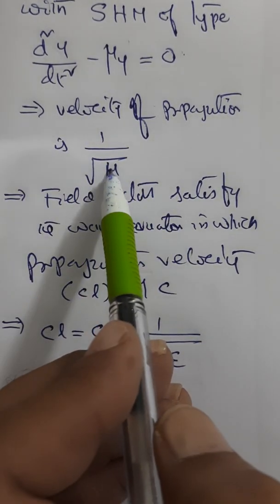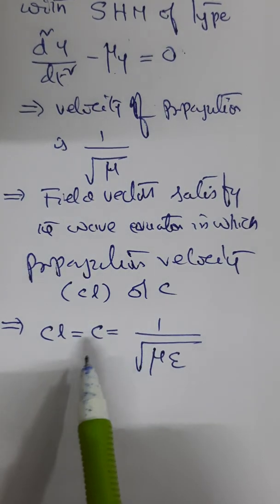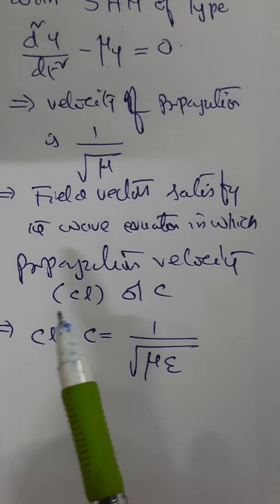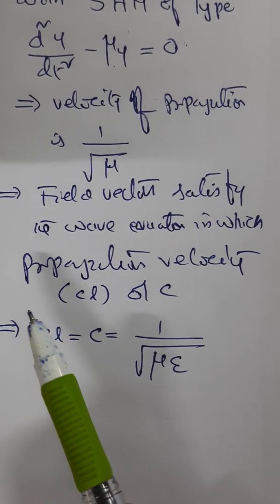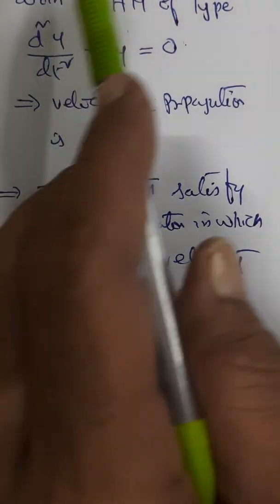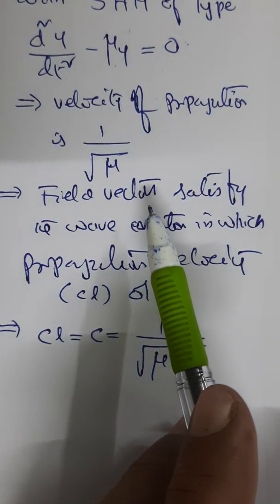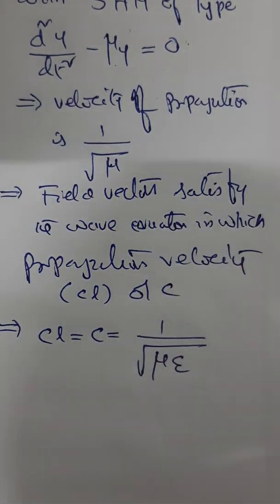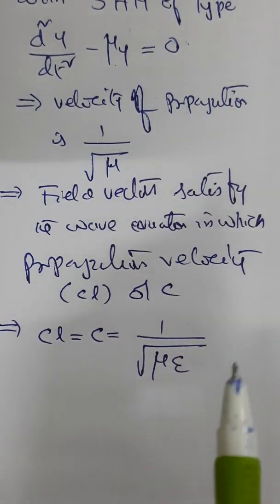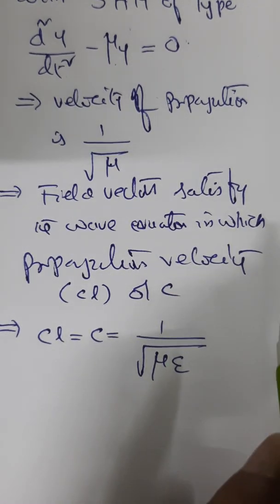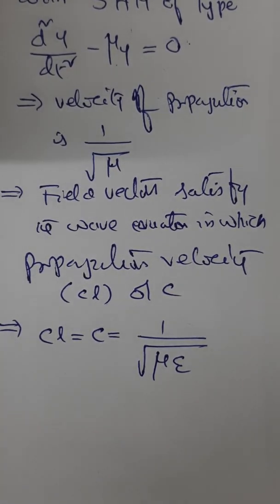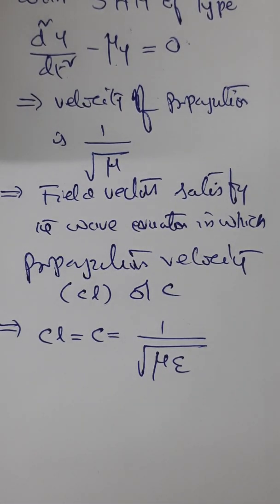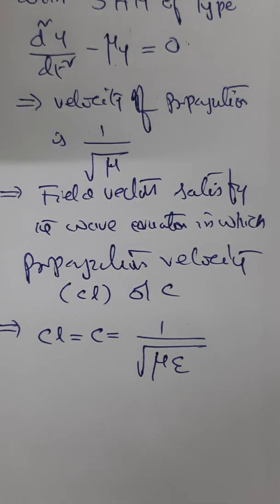In this case, it is mu epsilon. This is the propagation velocity of these field vectors satisfying this equation. So that means the propagation is also harmonic. That means it is a perfectly non-conducting medium. The medium is homogeneous and also allows harmonic propagation.